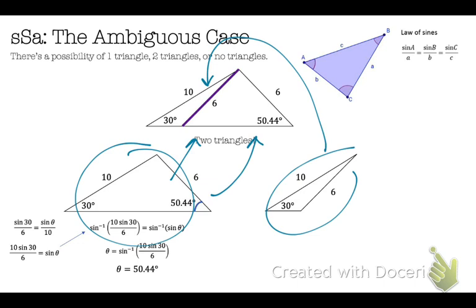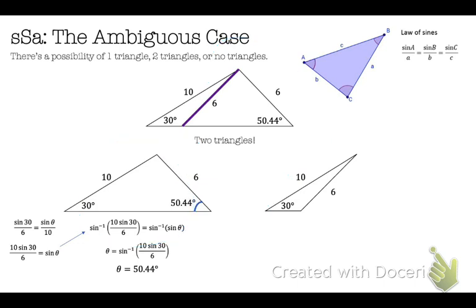Since these two sides in this triangle are the same, I think that's called an isosceles triangle. Hopefully that's right. If not, I apologize, math gods and everyone. If those sides are the same, the angles are the same. So this angle down here is also 50.44.